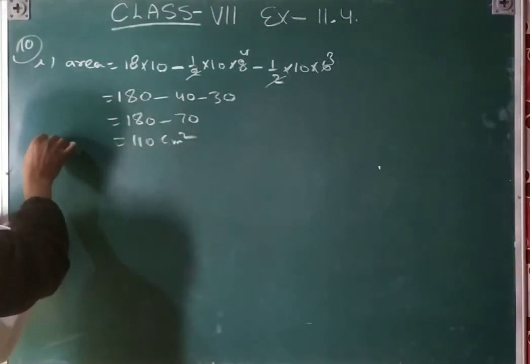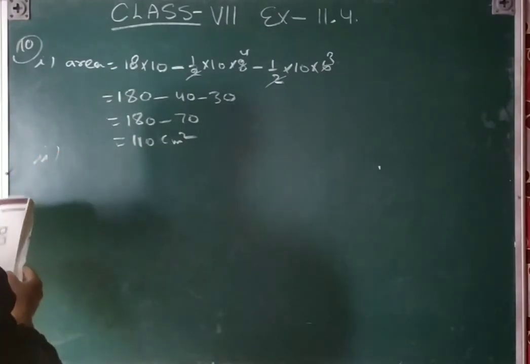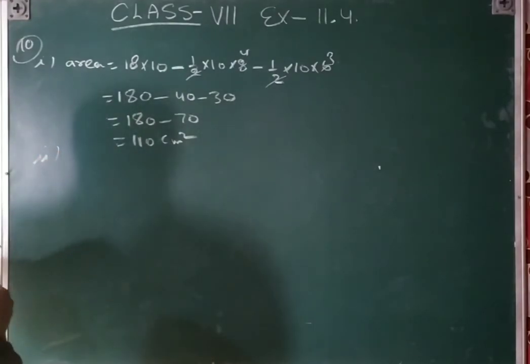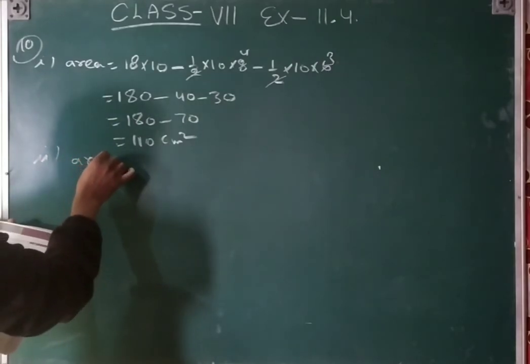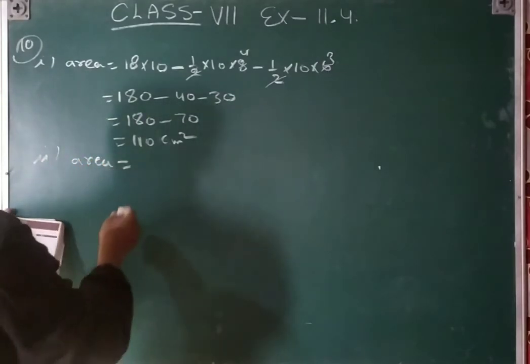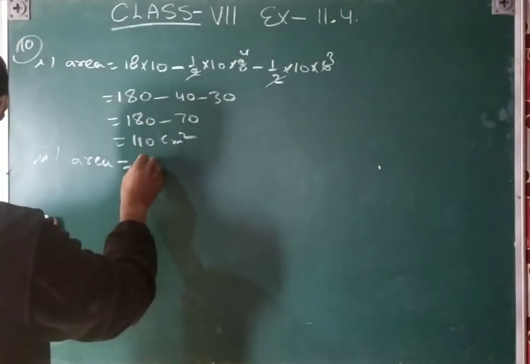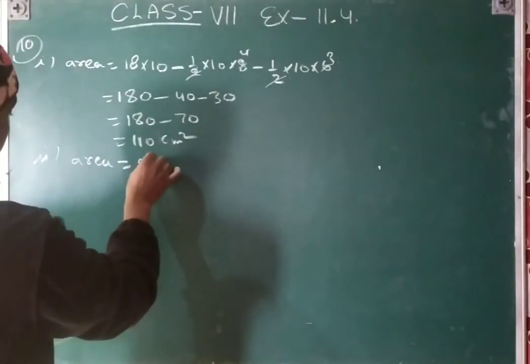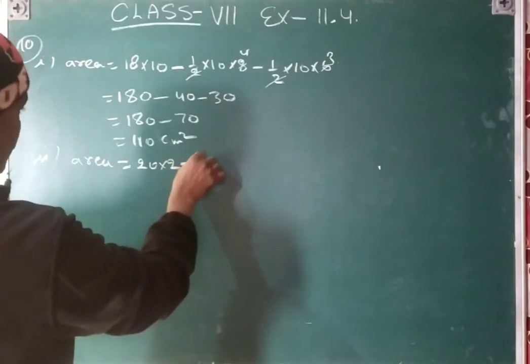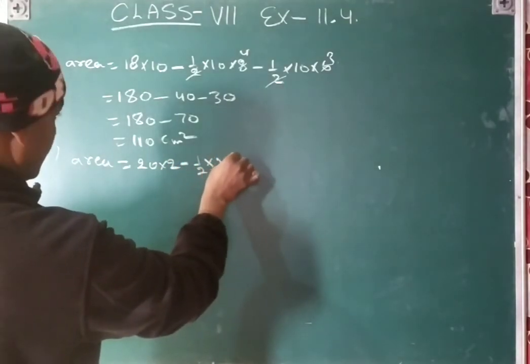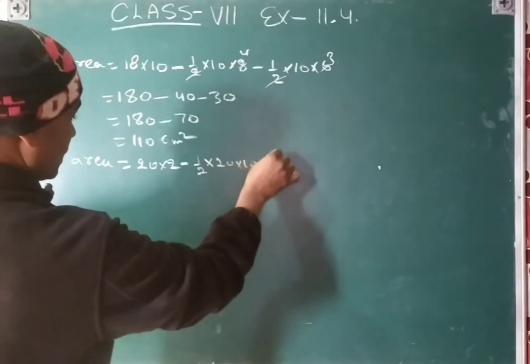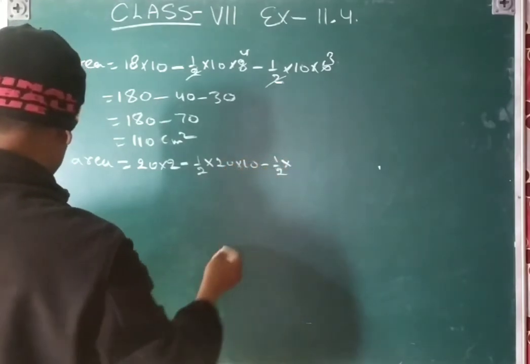And then the second part is the area of shaded part. Similarly here also, area of shaded portion is equal to the area of this one, 20 into 20, minus 1 upon 2 into 20 into 10, minus 3 times we will subtract that one, 10 into 10.